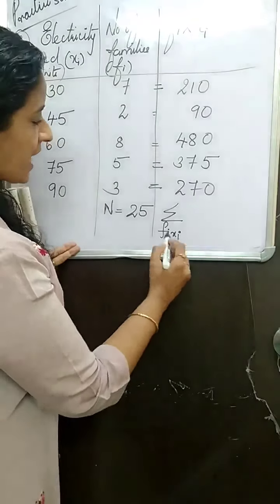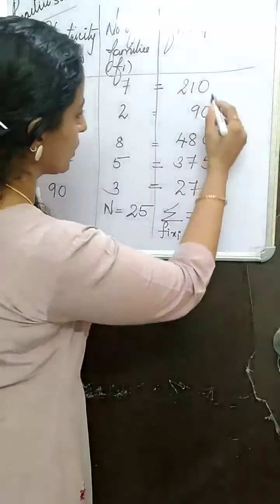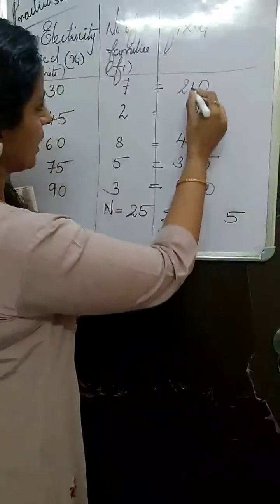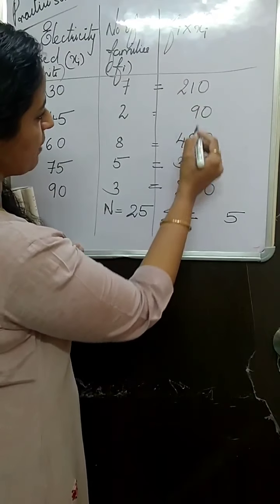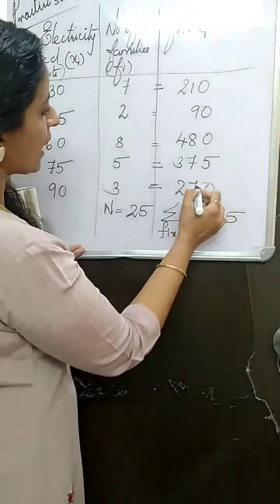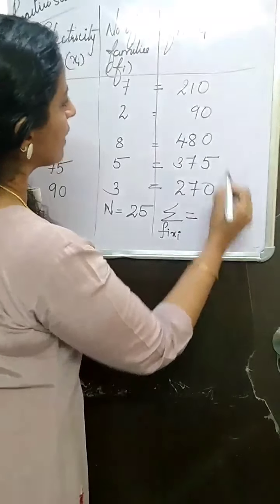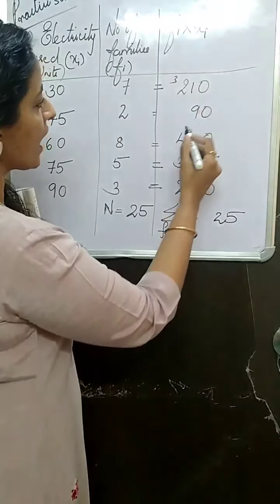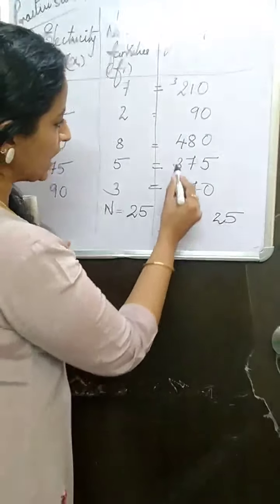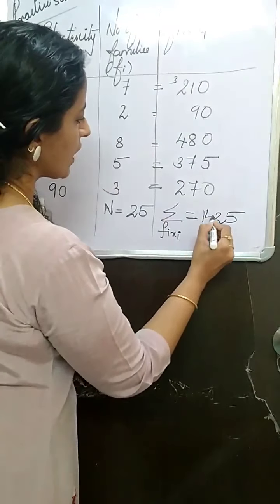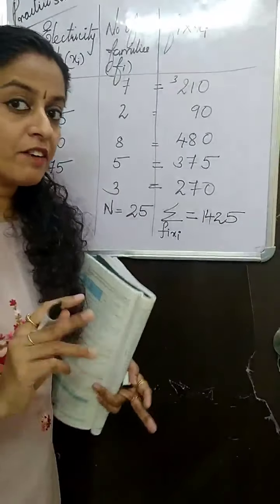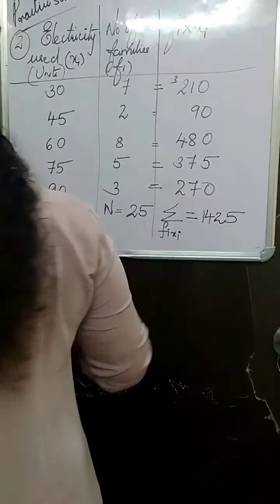Summation of fi xi is equal to, find the total: 0, 5. Total: 1 plus 9, 10, 10 plus 8, 18, 25, 32. Carry 3, 3 plus 2, 5, 5 plus 4, 9, 12, 14. So we are getting 1425. Now we will find out the mean. Use the formula.